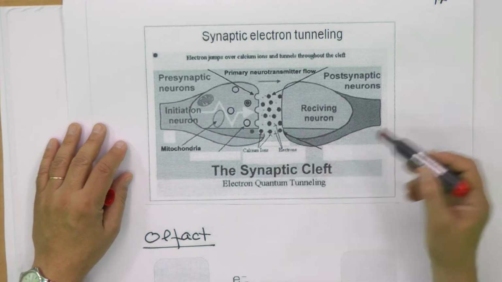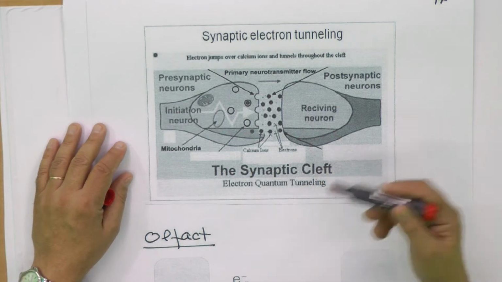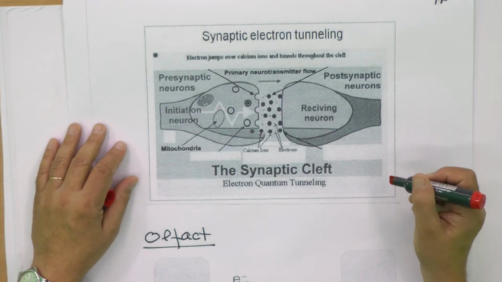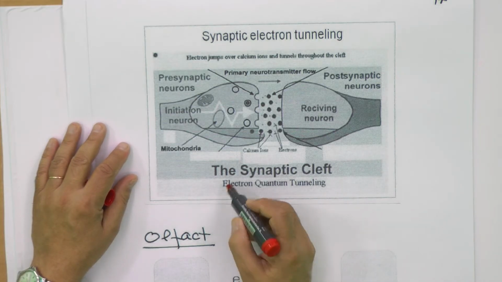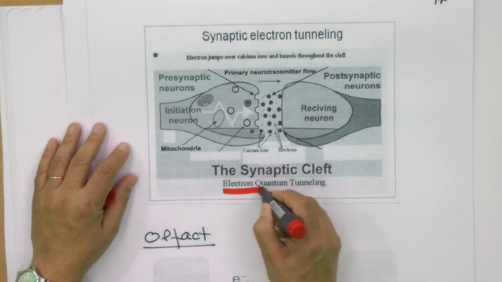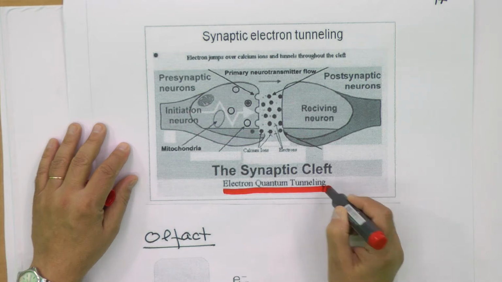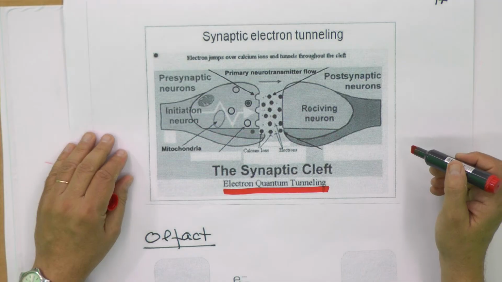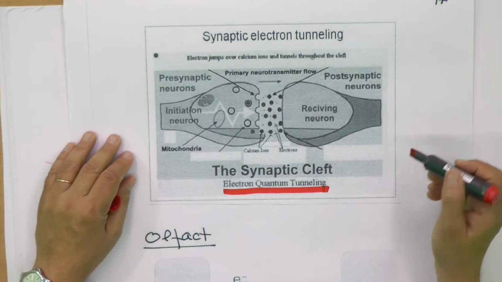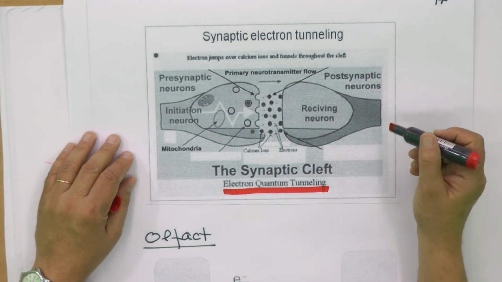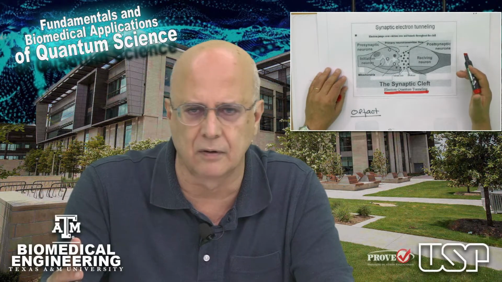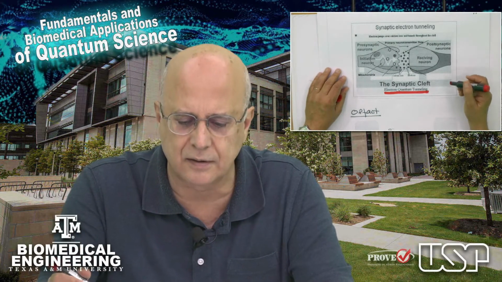You have calcium ions that may transfer, may help. And then you may have tunneling. Electron quantum tunneling is an important effect in synaptic electron transfer. And this is a very interesting application, right? Everything concerning neurons and such, we're still learning a lot.